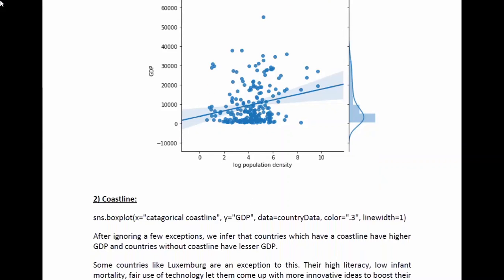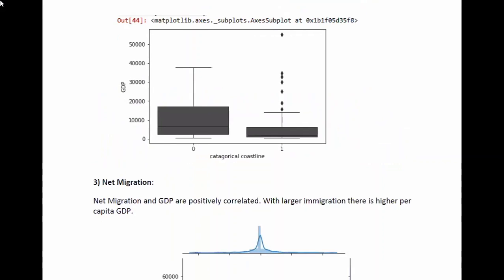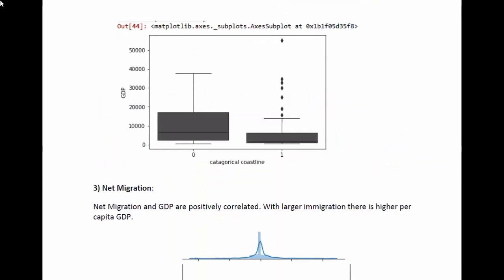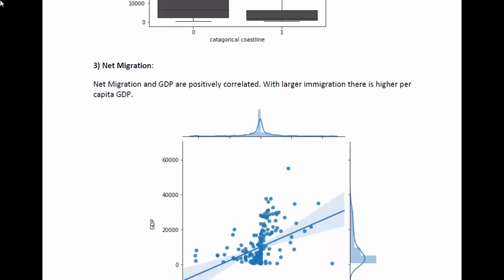Moving on to coastline. So as I told you before, coastline is a categorical data. So we converted the categorical data into numerical data, and countries which do not have a coastline are represented by 0, and which have a coastline are represented by 1. And we can see clearly in the box plot that countries with a coastline have a higher GDP. Moving on to the net migration.